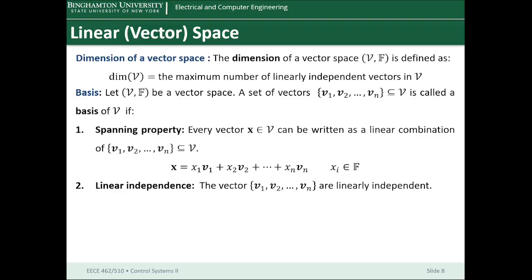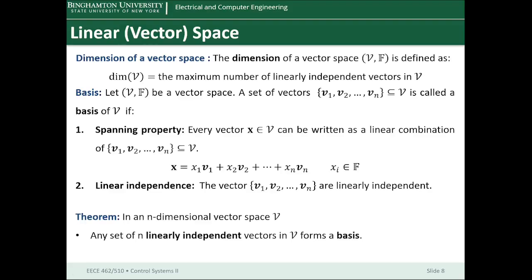A spanning property: every vector x in V can be expressed as a linear combination of the basis vectors. It means x equals x1 v1 plus x2 v2 up to xn vn, where xi are scalars in F. And linear independence: vectors v1, v2, ..., vn are linearly independent.